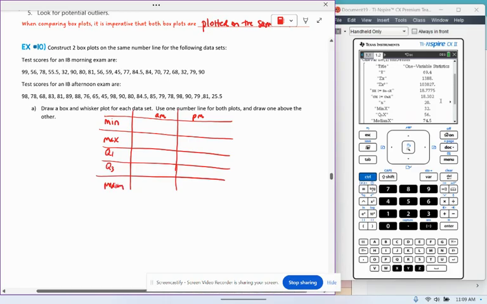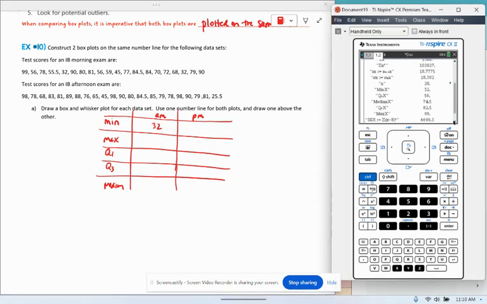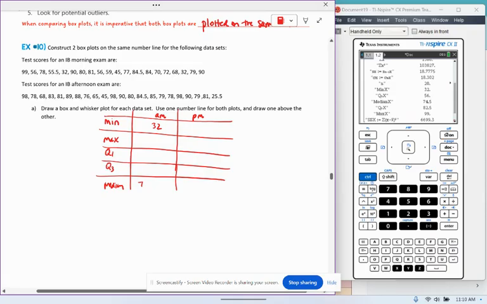This will be AM, PM. Okay, so my min is 32, my median is 74.5, my Q1 is 56, my Q3 is 82.5, then my max is 99.